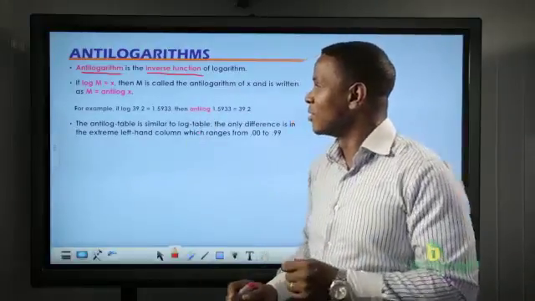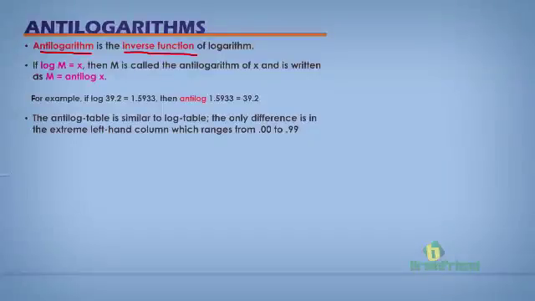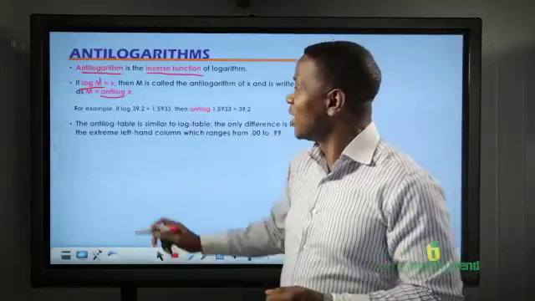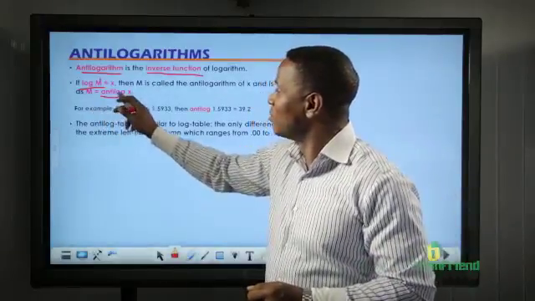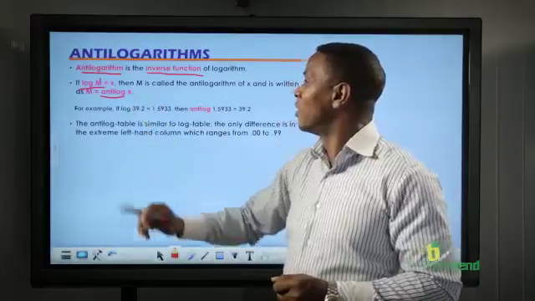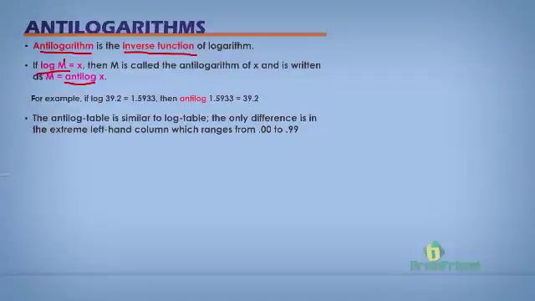Let's take, for instance, if we have log m given to us as x, and we intend to get our m back, we would simply take the antilogarithm of x to get back our m. So we say m becomes the antilogarithm of x. Let's take a typical example.